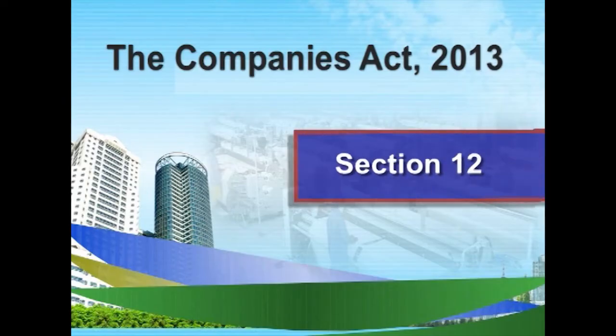According to section 12 of the Act, if a company proposes to change its registered office from one city to another city within the same state, it can do so only after passing a special resolution at the general body meeting. A notice of any such change has also to be given to the ROC within 30 days of the change.